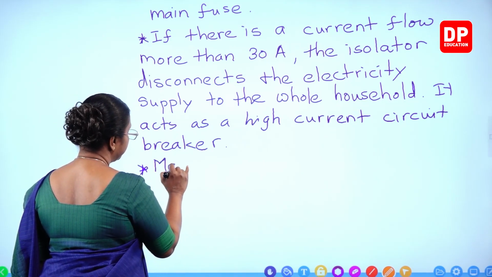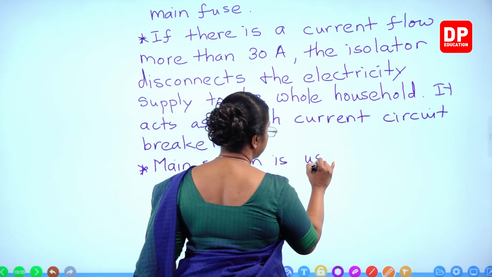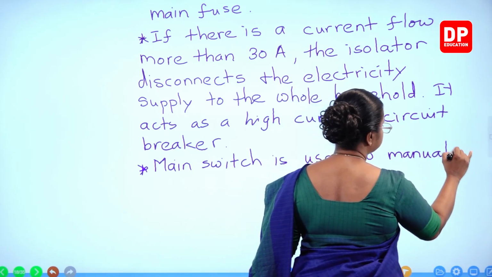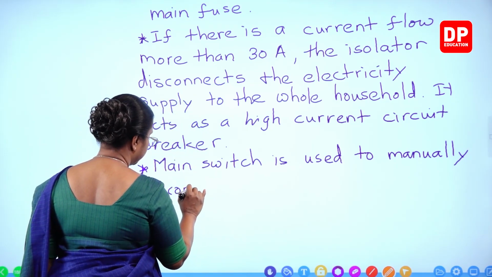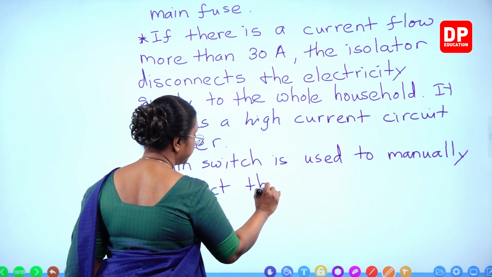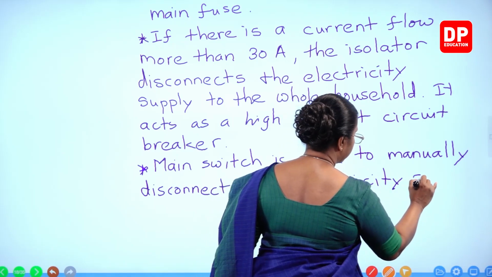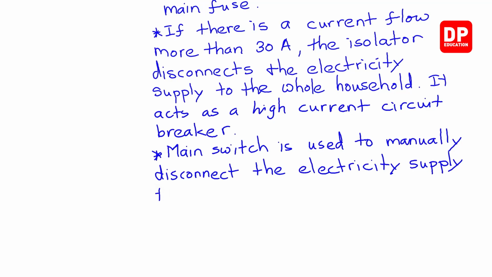So here the main switch is used to manually disconnect the electricity supply to the household when required.